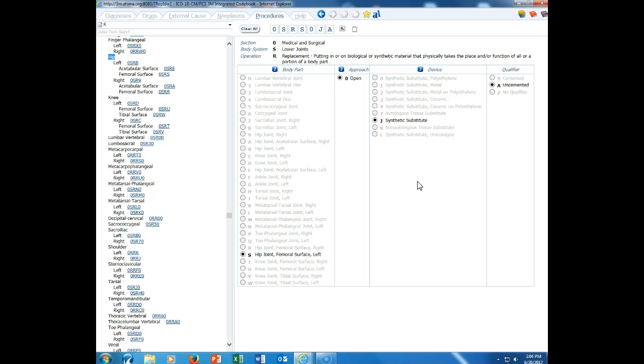So if you can just break things down, don't get flustered, break things down. It's not really that difficult to apply most of these codes. And so as we're looking at this coding, we don't code the fact that this incision was closed. All we're doing is coding the hip replacement.